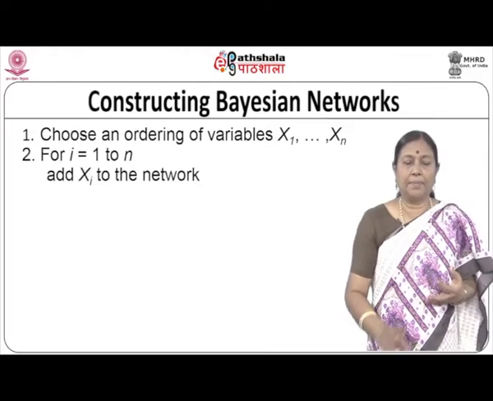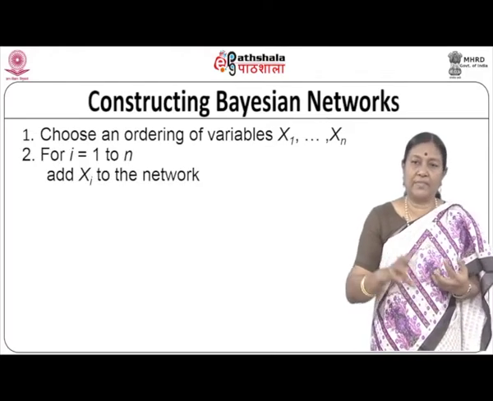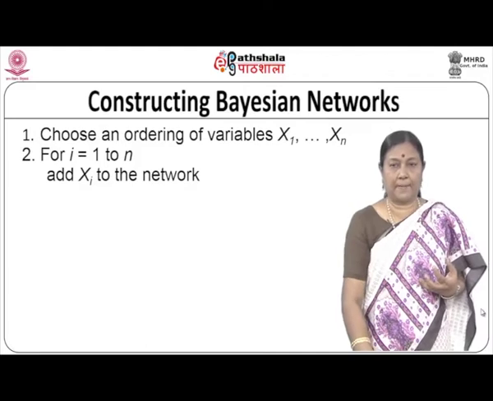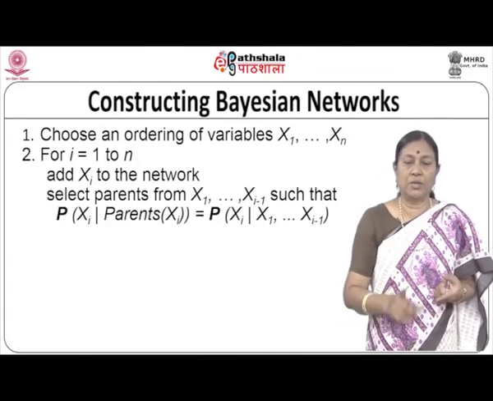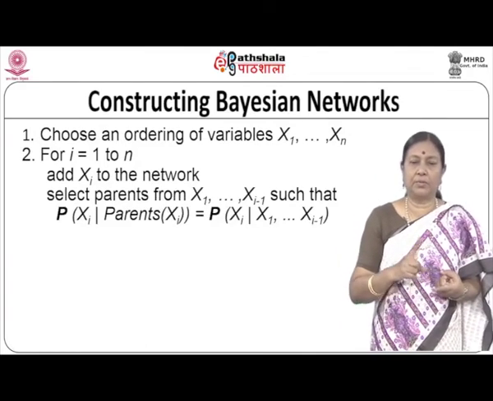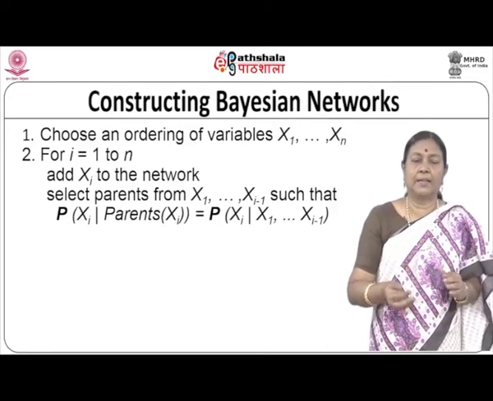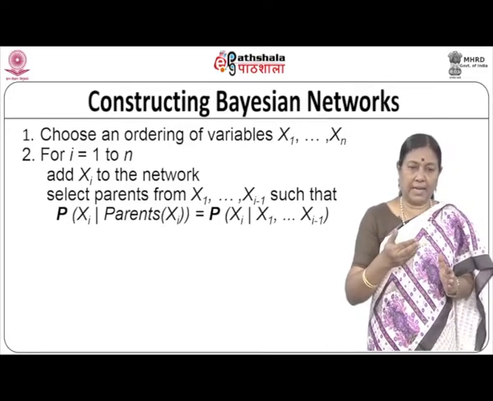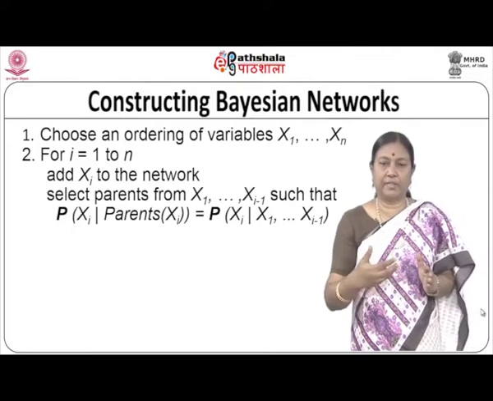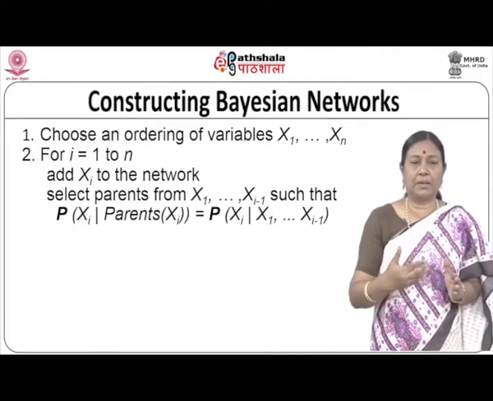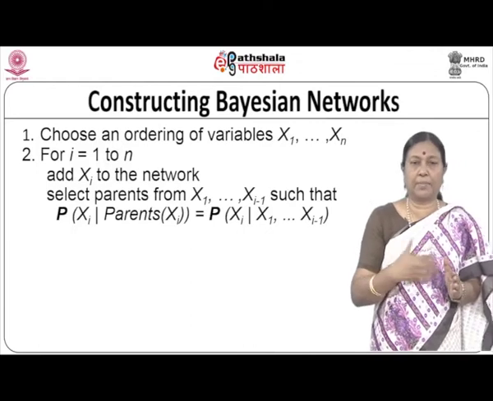In the next step, for each of these variables, we have to add this variable to the network. So, you have to select the parents of xi from x1 to xi minus 1, such that the probability of xi is dependent on the parents of xi. Given the parents of xi, you can find the probability of xi.